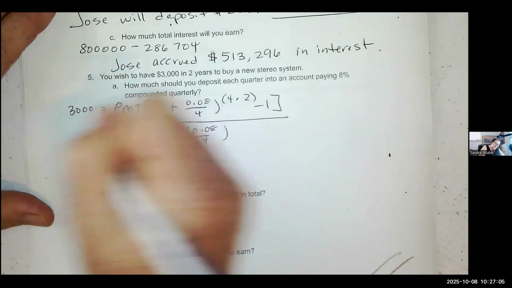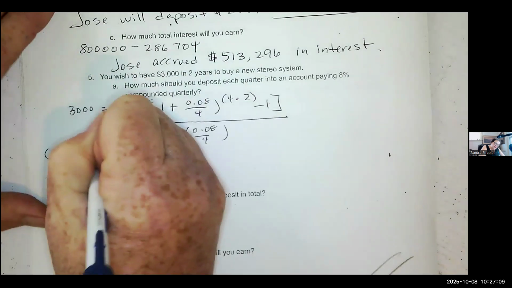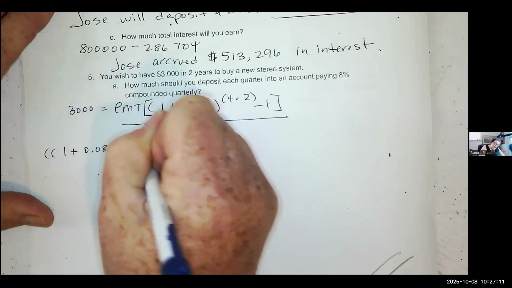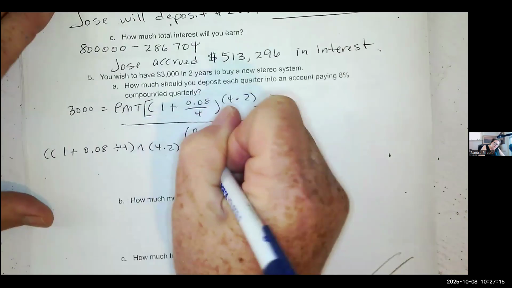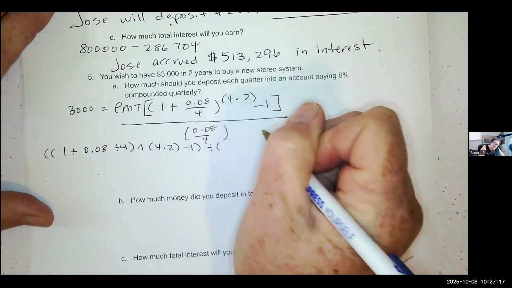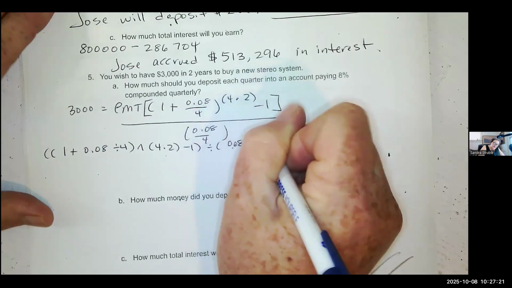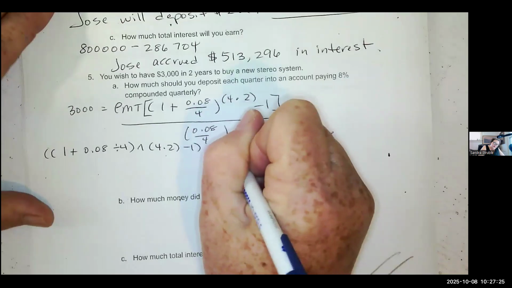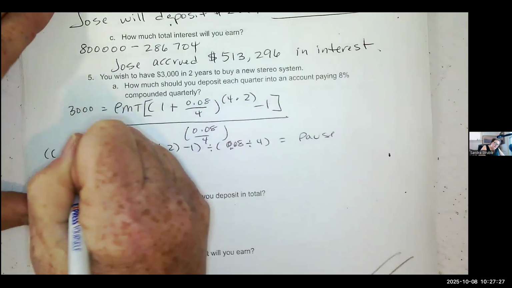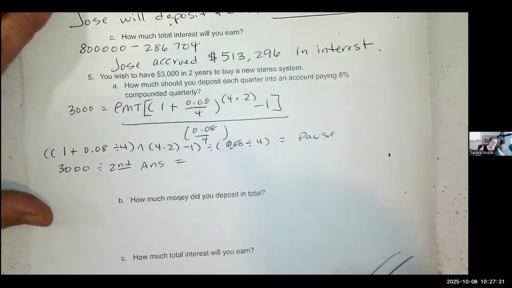Putting this in your calculator: open, 1 plus 0.08 divided by 4, close, caret, open, 4 times 2, close, minus 1, close, divided by open, 0.08 divided by 4, close, equal, pause. And then you're going to type in 3,000 divided by second answer equals.